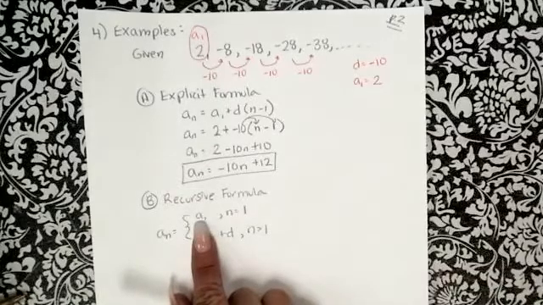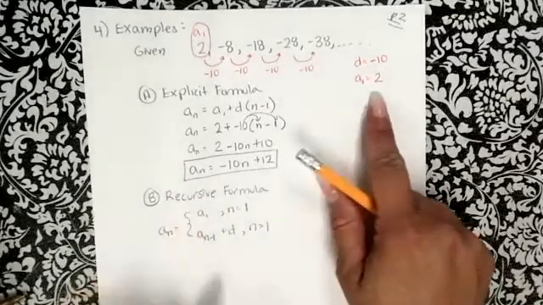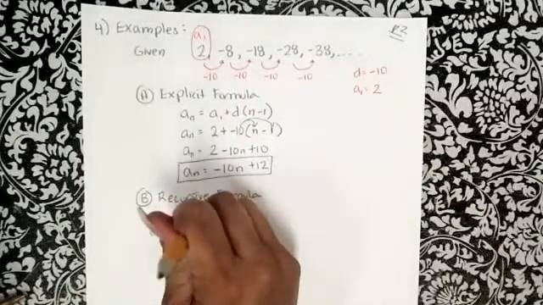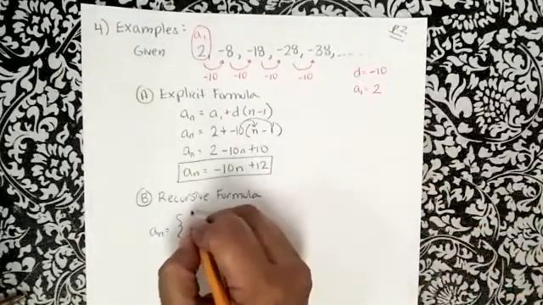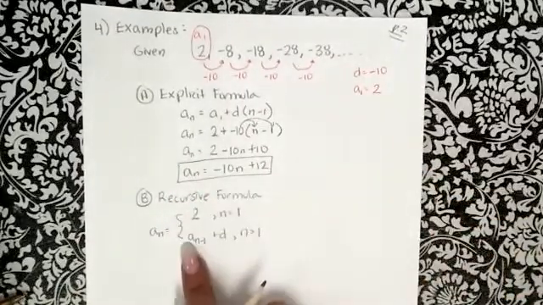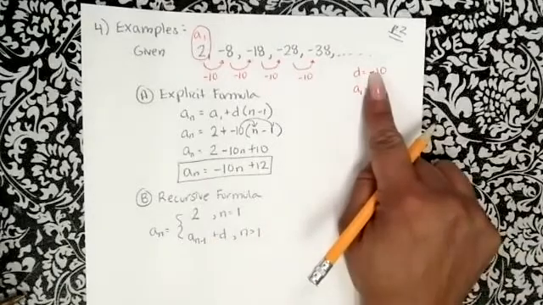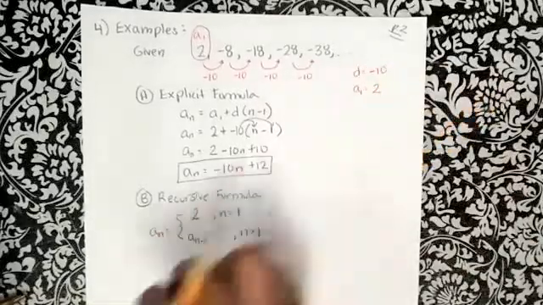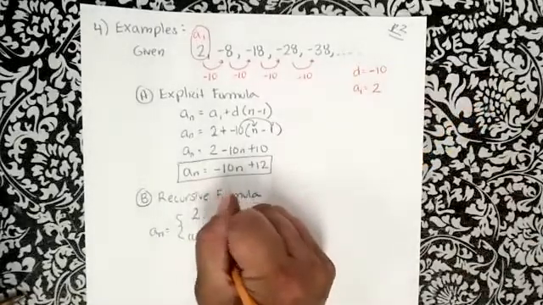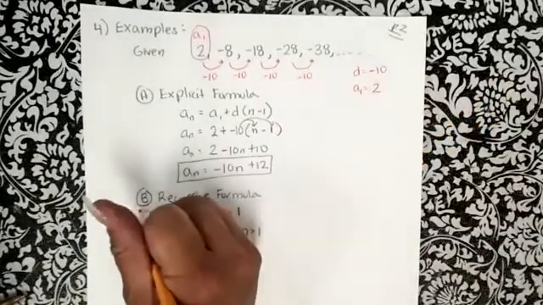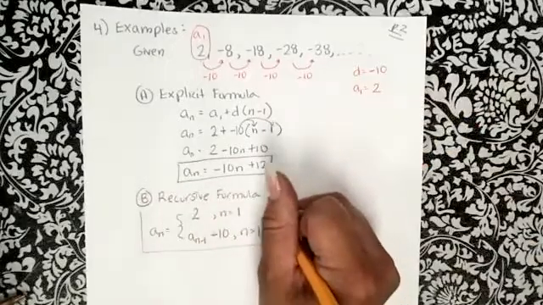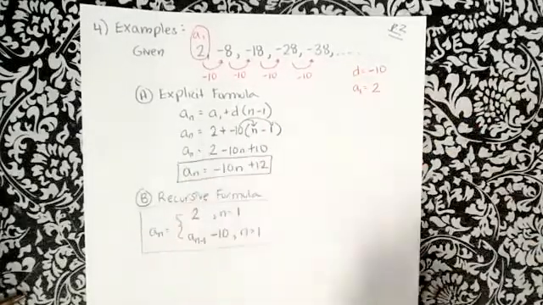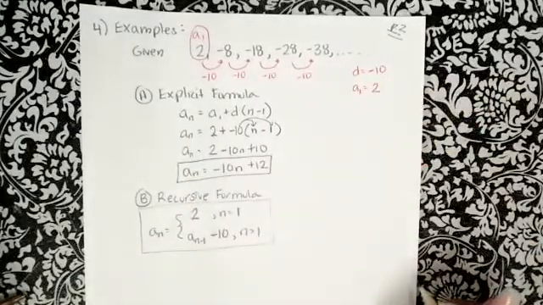The A1 is this number 2. So I'm going to erase A1 and put the number 2 there. A n minus 1, I don't know what n is, so leave it there. Plus D. The D is -10. So I'm going to erase D and put -10 there. And I'm done. We are done with that problem.